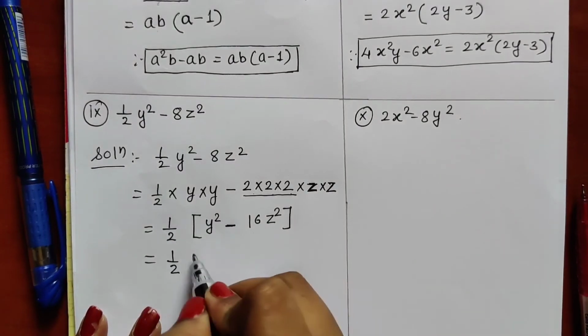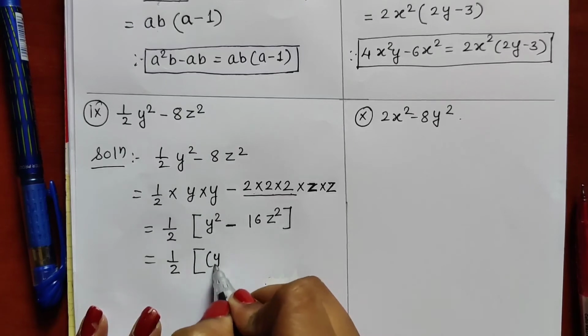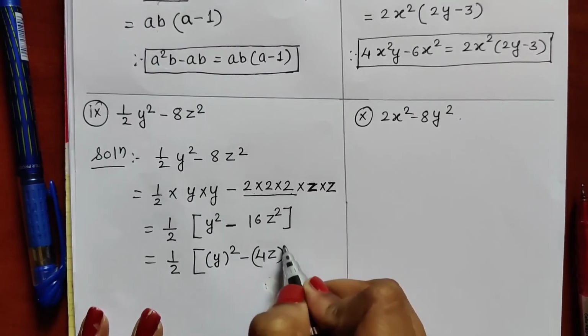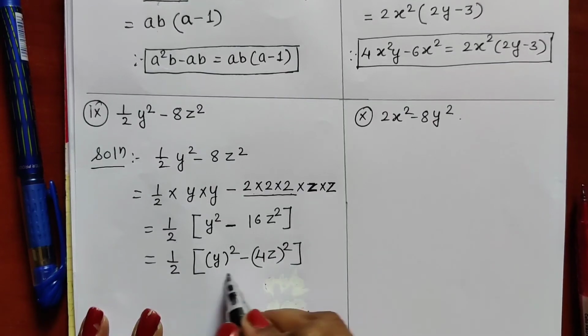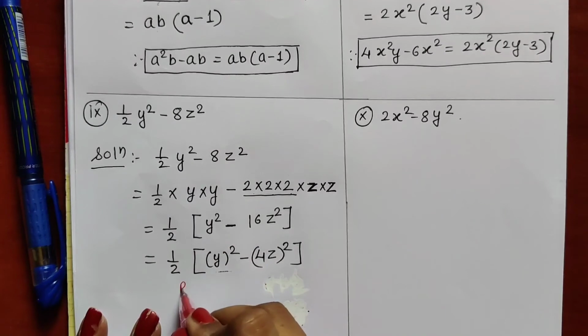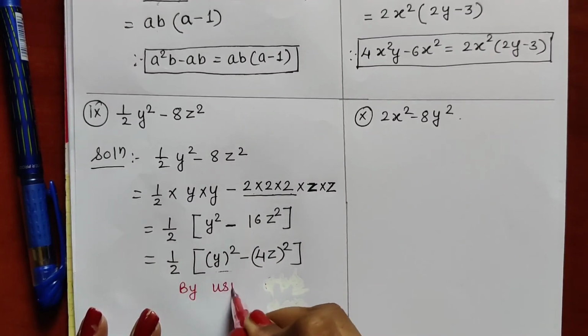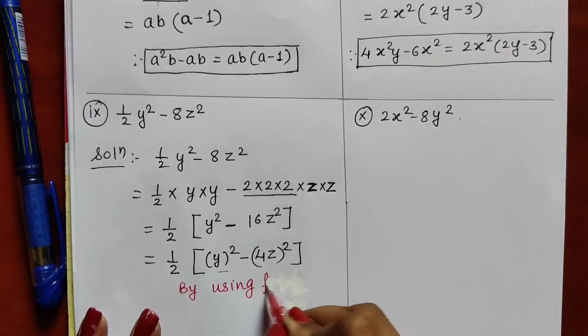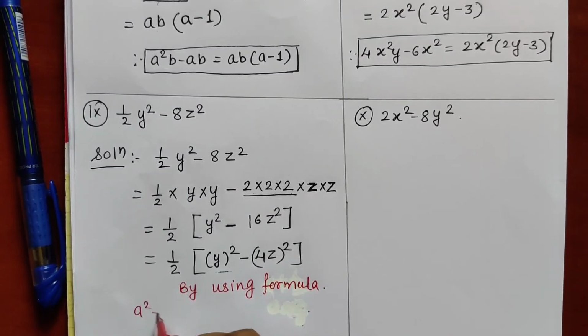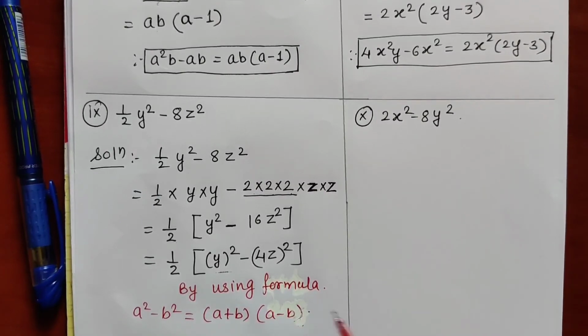1 upon 2, this y square is square of y, and 16z square is the square of 4z. Now for this bracket we can apply the formula a square minus b square is equal to a plus b in the first bracket and a minus b in the second bracket.